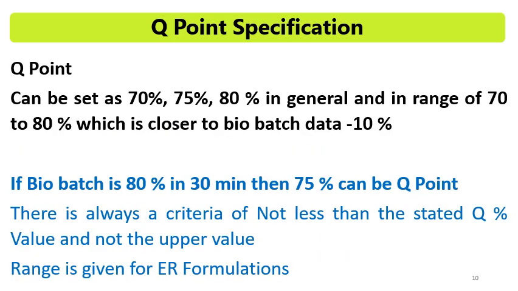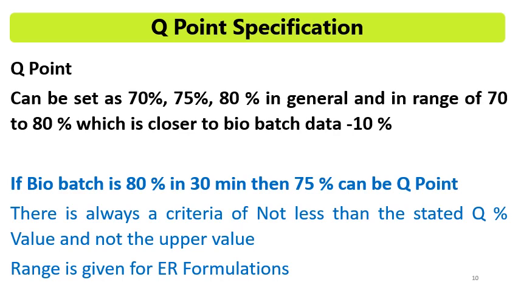Now you can also set the Q point as 70%, 75% and 80% in general, and in the range of 70 to 80%, whichever is coming closer to the bio batch minus 10%. If bio batch is 80% in 30 minutes, then 75% can be set as a Q point.